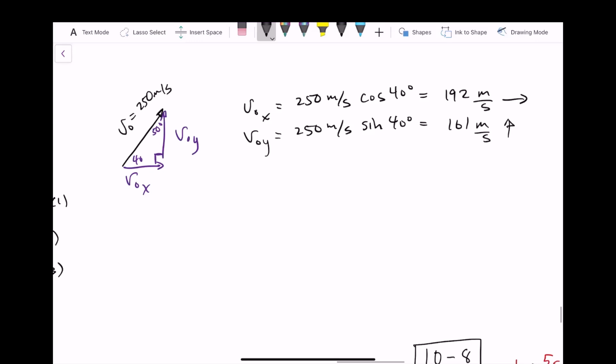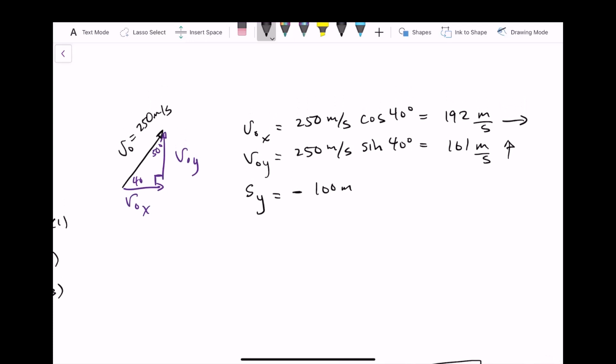We also know that the displacement in the y is equal to negative 100 meters. I could make that positive. This is where it's really important to decide what's going to be positive, what's going to be negative.